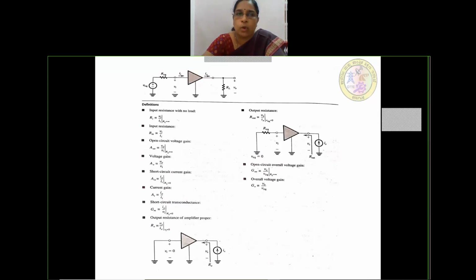Whenever we say no load, RL is infinity. Similarly, there is an input resistance. Like this, there is an open circuit voltage gain, then voltage gain. Similarly, we have the current gains, as well as the transconductance definitions, as well as output resistance, and the overall voltage gain.